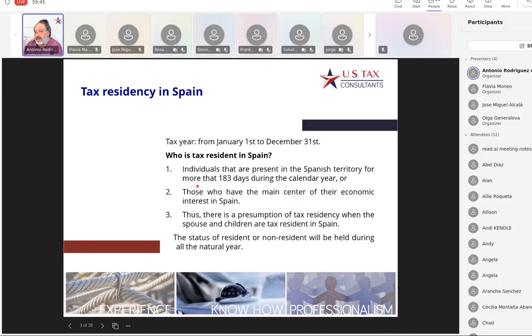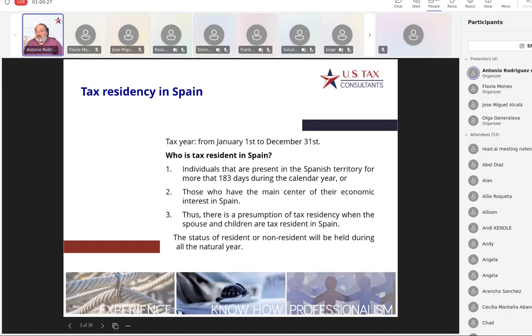Anyway, the tax residency is calculated on the number of days that you spend in Spain in that natural year. So if you are here more than 183 days, that year you are a fiscal resident of Spain. And it doesn't matter if the 183 days are at the beginning, at the end, in the middle, or whatever. The other two points, those who have the main center of economic business interests in Spain, and the family, I would leave just for people who are not 183 days in any country, because they live in three or four countries and then stay less.